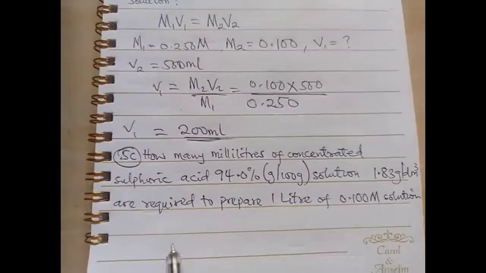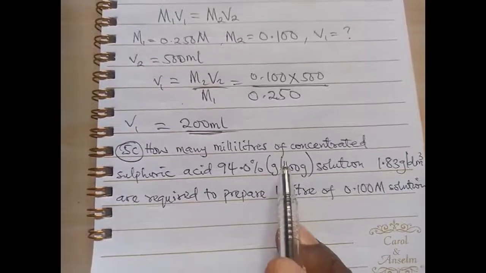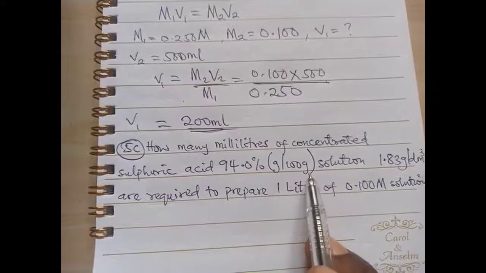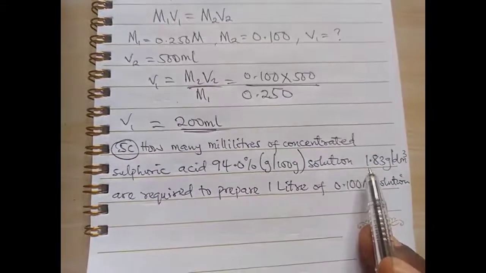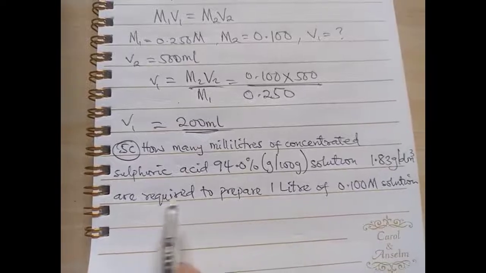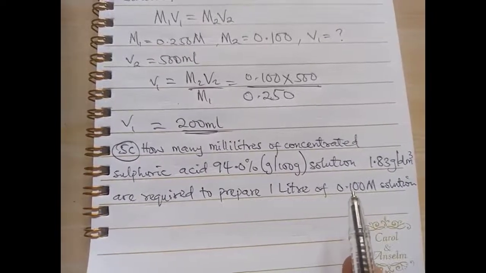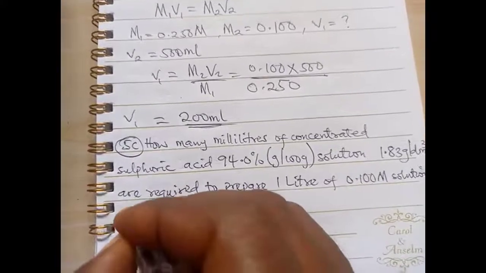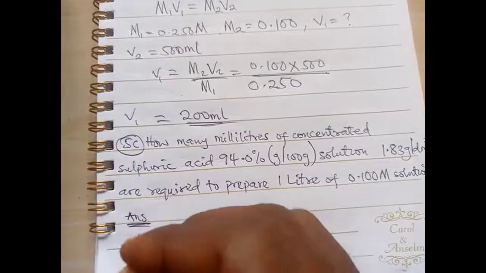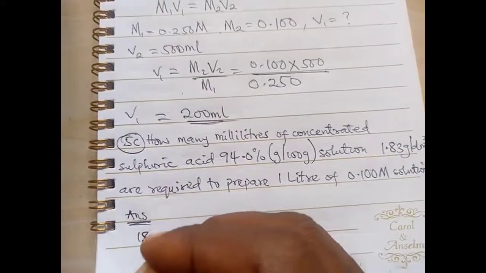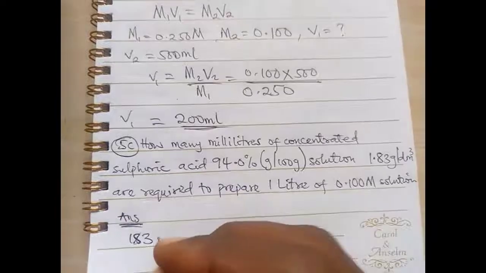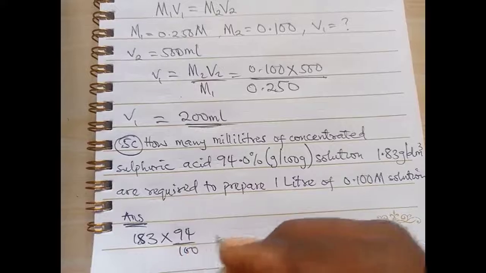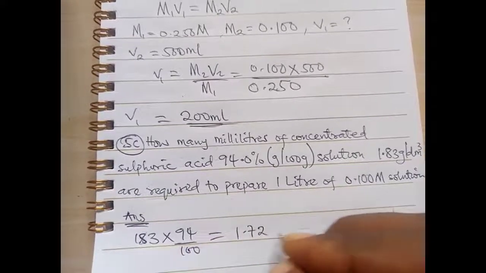The next question says, how many milliliters of concentrated sulfuric acid, 94.0% gram per 100 gram solution, 1.83 gram per cm cubed, are required to prepare 1 liter of 0.100 molar solution? Now, the first thing is to multiply the mass concentration, 1.83 here, times the percentage, 94 over 100, to get the actual mass, which gives us 1.72 grams.